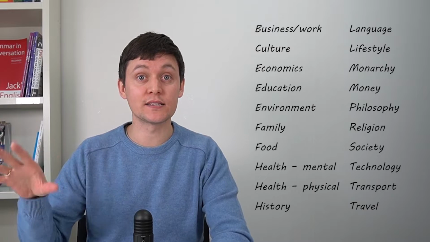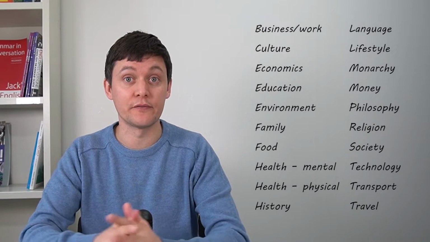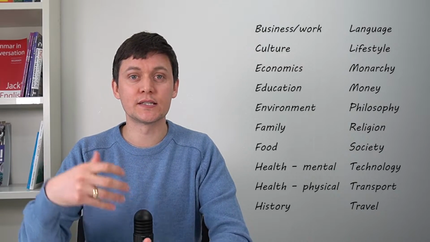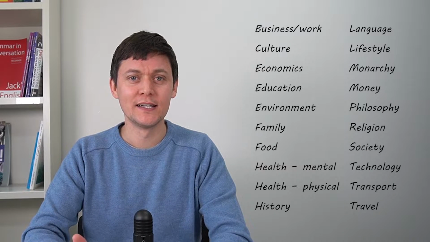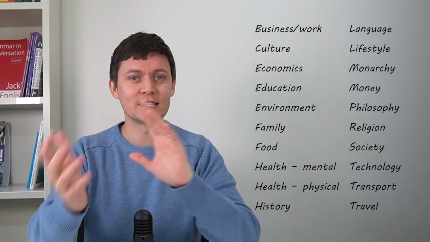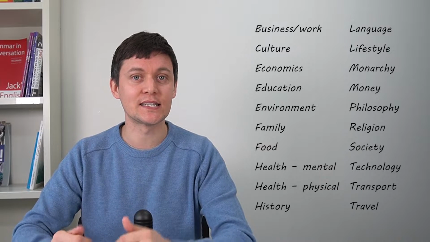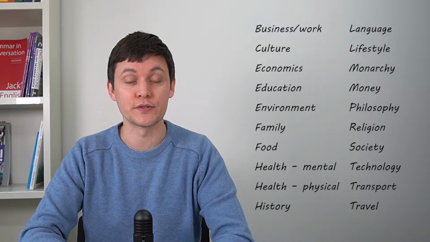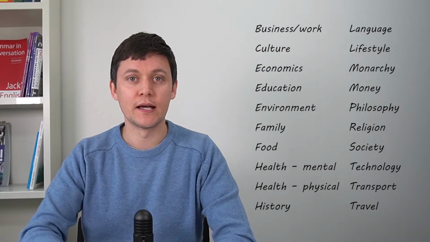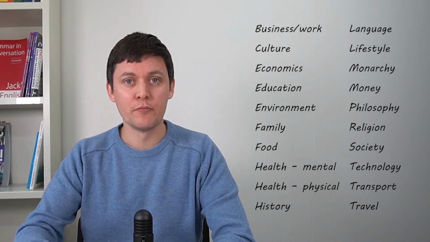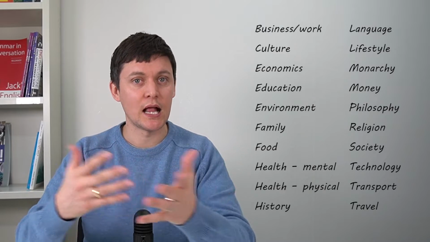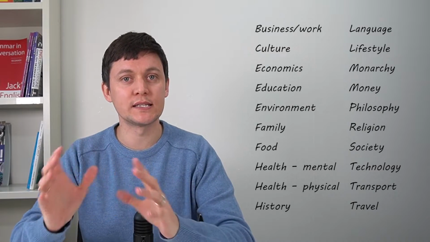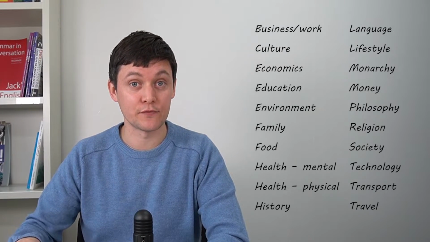So here's my list of 20 subjects that I cover. Now, as you can see, there's so many topics and some of them can fall into other topics, but this is the list that I like to use. I think this is the most effective for my students. So you can see on here, monarchy, environment, health, mental health, physical health. I think we need to divide these. So this is my list of topics.